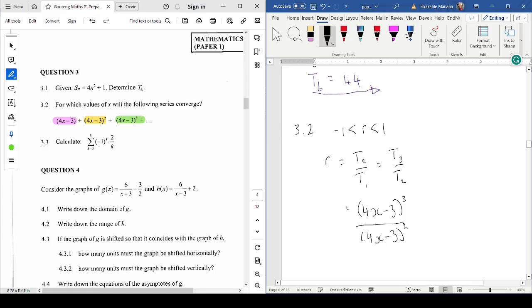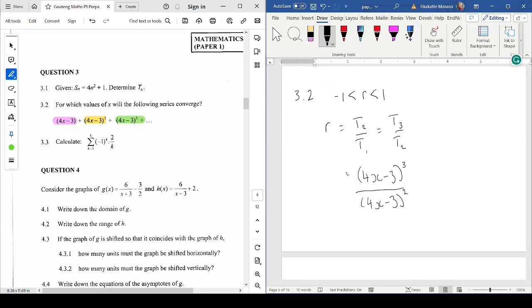See what's going on? So when we divide these two right here, we get that r is simply 4x minus 3, because look at the exponents right here. You just say 3 minus 2, since the bases are exactly the same. So you just subtract them, and then you're left with that.